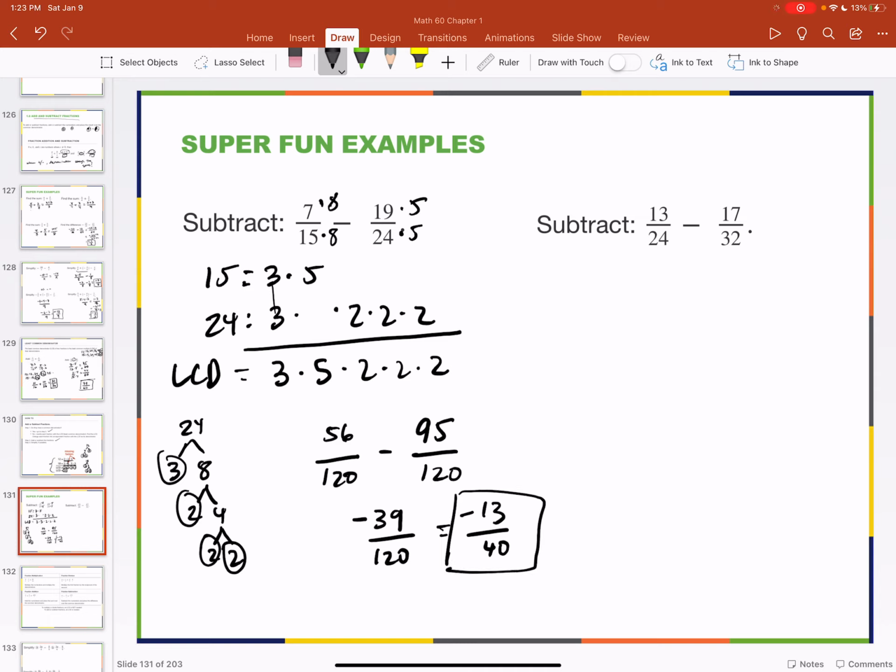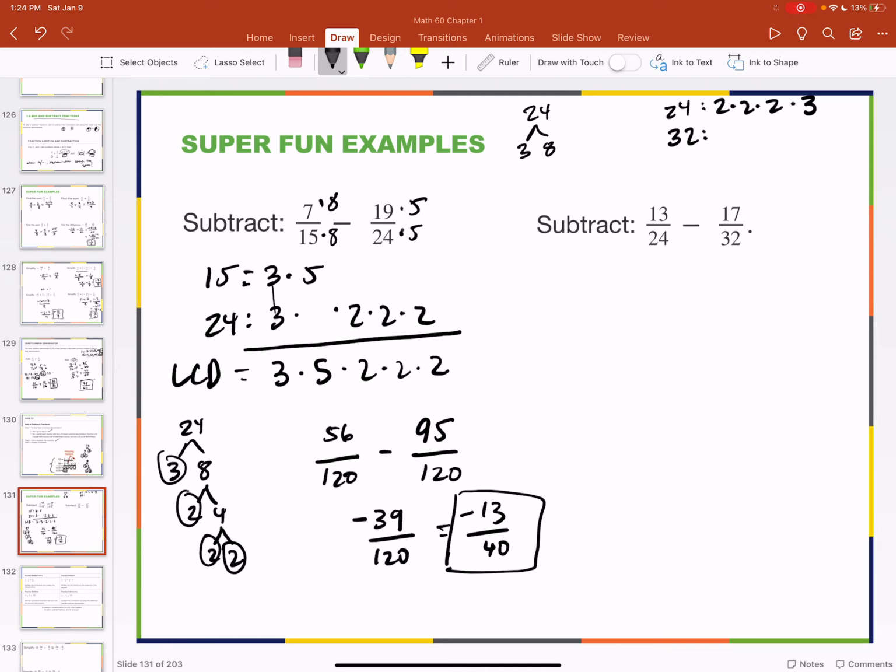Okay. All right. So for this one, we have 24 and 32. What are the factors of 24? Okay, so another way to think of this, you can do the listing thing again. Let's say, okay, this is 8 times, what is the prime factorization of 24? That's 3 times 8. Again, we just did that. Okay, so we know that it's 2 times 2 times 2 times 3.